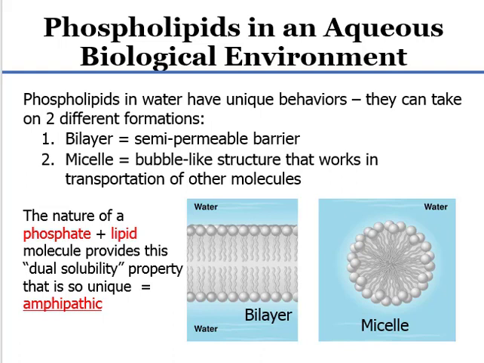Fatty acids are hydrophobic, but the phosphate groups are fully soluble in water and happy to be in direct contact. These structures form functional aspects of the cell, either as a barrier in the bilayer type of format or the transport in the bubble micelle configuration. We'll look at both as we move through the semester. The term we use to describe dual solubility is amphipathic. That's one of your red vocab terms here on this slide.